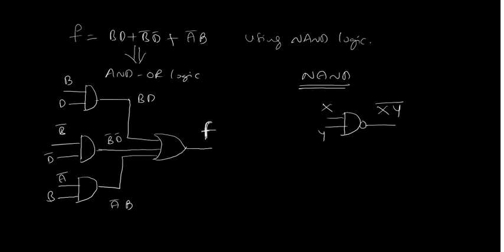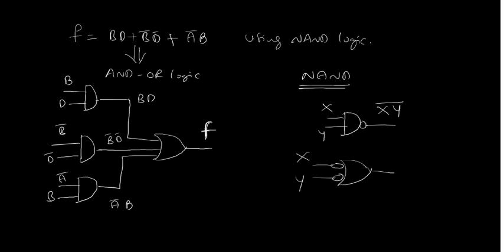So now what is our work, or what is our duty? We need to convert these AND gates to NAND gates, and this OR gate is also we need to convert to NAND gate. For that we need some conversion between OR and NAND. So for that you can use this, that is bubbled OR gate. That means if you are giving X, Y to OR gate with bubble, it is nothing but you are inverting, right?